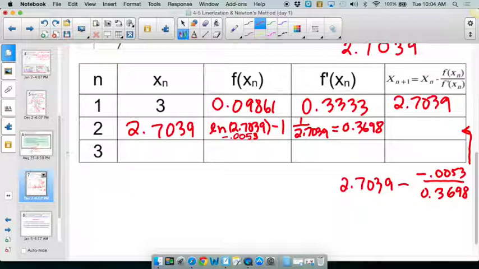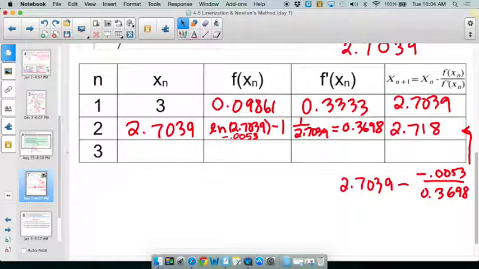Yeah, as long as we're not using that theta button, we're good to go. So now our more recent guess is 2.718.